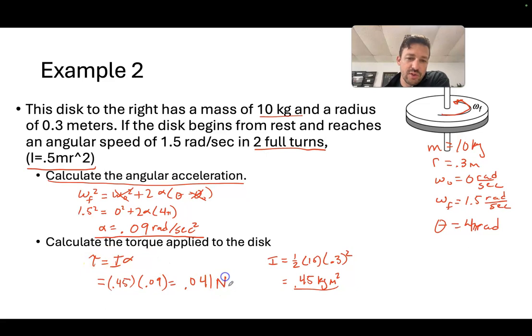Torque is Newton meters, just force times radius, right? Because we said torque is equal to force times radius. Force is newtons, radius is meters. Newton meters. And there's the torque.